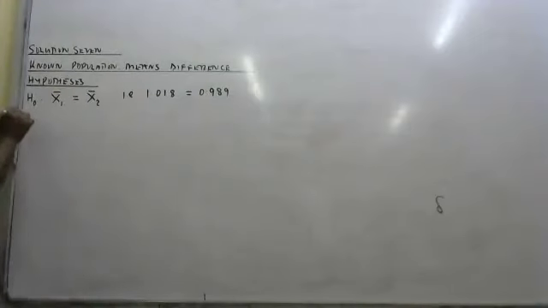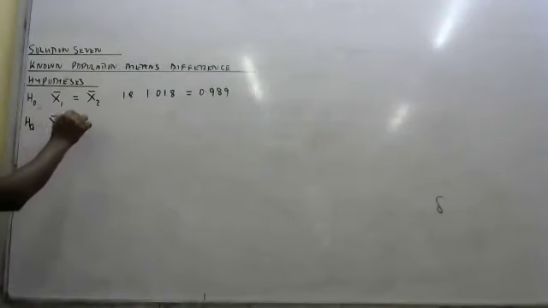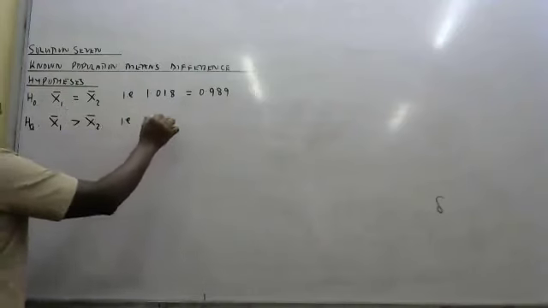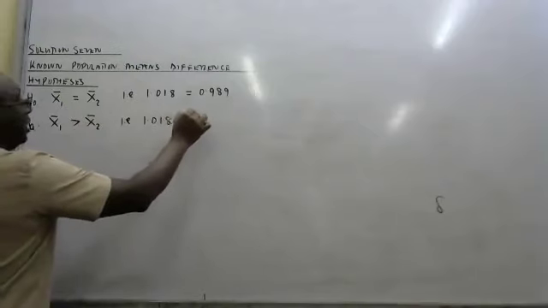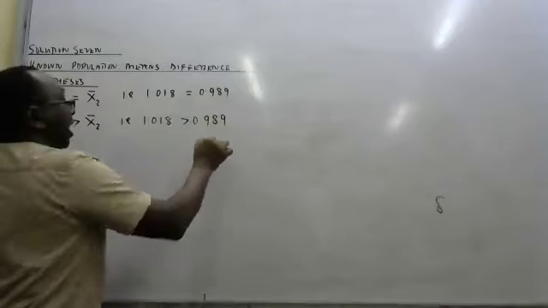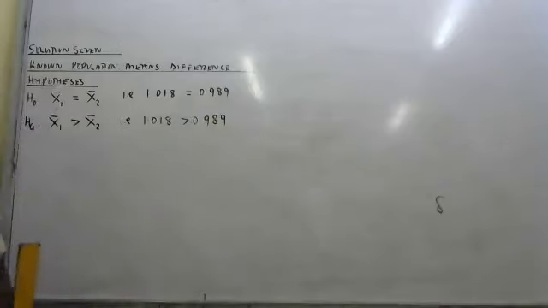Then in the alternative, you say they are not the same and specify the direction. So you can see in this case, the mean of the first sample is greater than the mean of the second sample. That is, 1.018 is greater than 0.989. It's greater than.